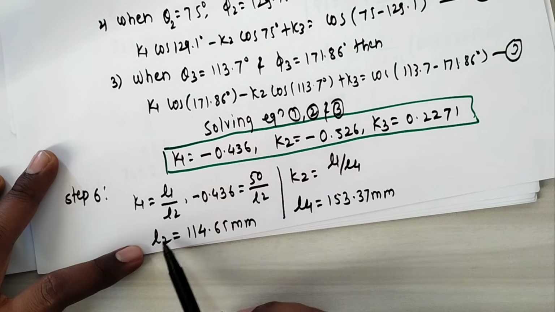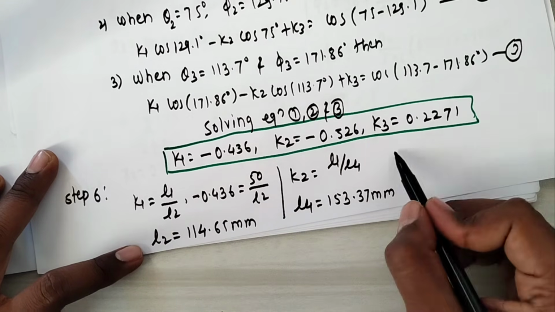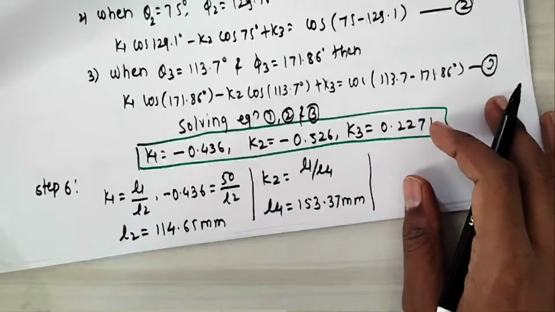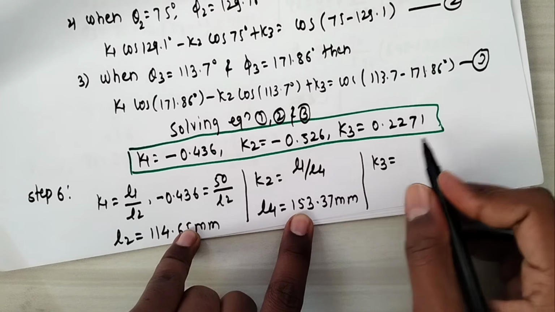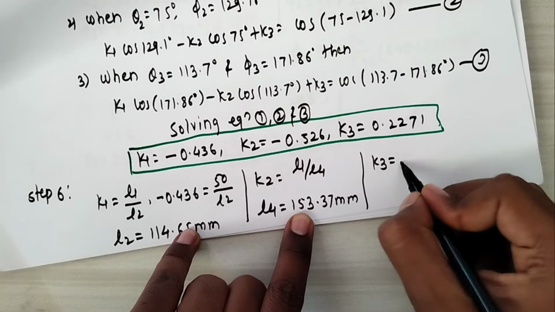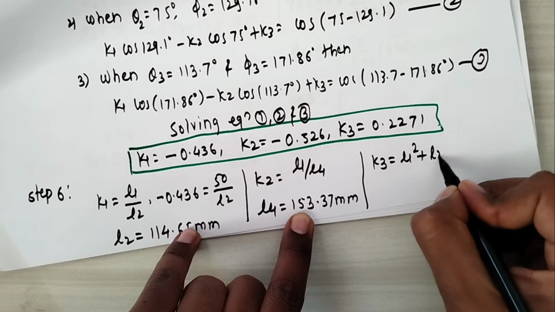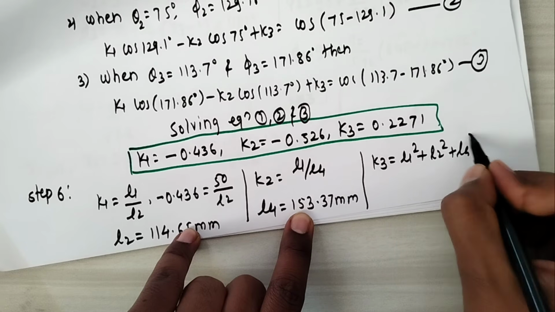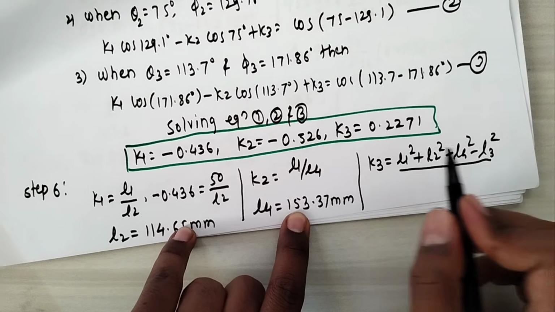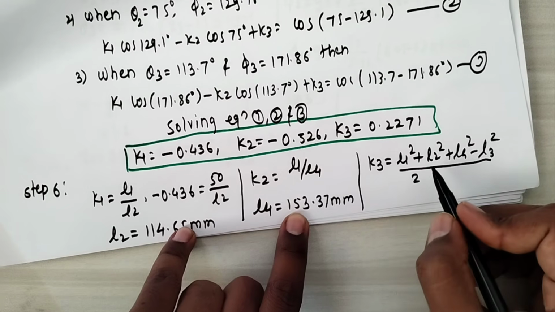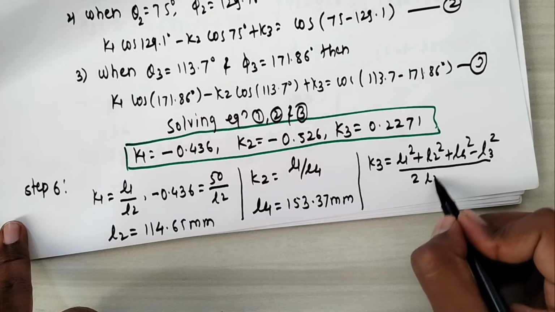L1 is known to us, L2 we obtained, L4 we obtained, the last one is L3, and to obtain L3 we use the K3 equation. We know that K3 is equal to L1 square plus L2 square plus L4 square minus L3 square upon twice L2 L4.